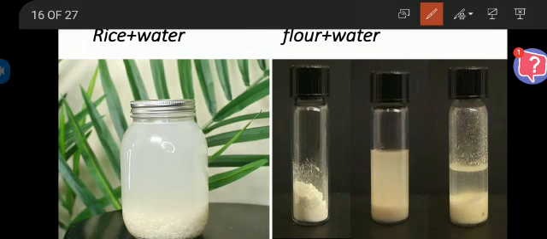Next is rice plus water. Here rice is the solute and water is the solvent. When they mix with each other, they form two layers. You see, they are not mixed properly. The rice remains below in the jar and the water is above it, so it is not a perfect solution.